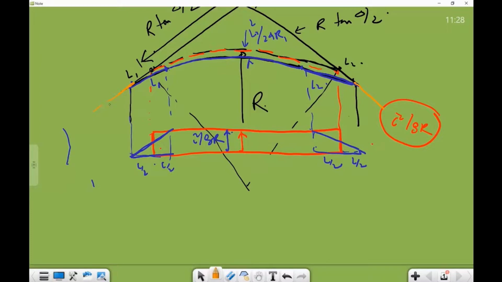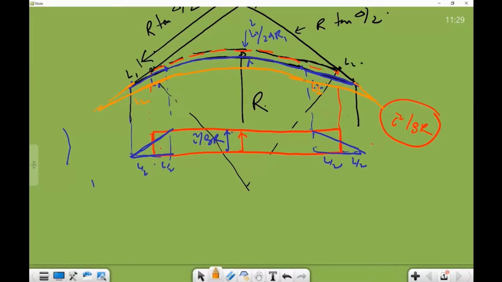If I increase it, this becomes my L2. Similarly, I make the same length of transition here. Sorry, this is L2. The earlier one was L1, this is L2. Now my curve becomes something like this.